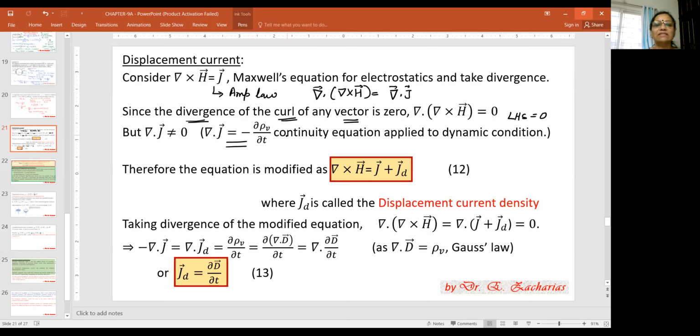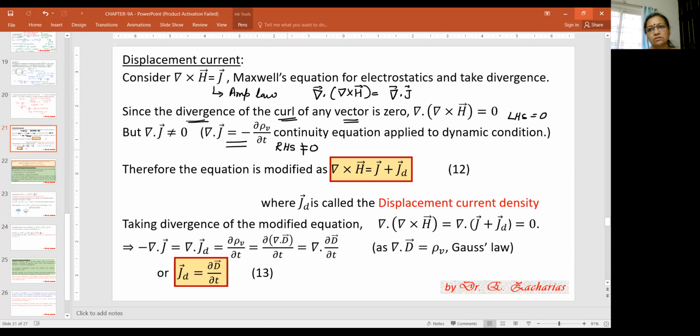We know that the continuity equation says that del dot J should be equal to minus dou rho V by dou t, where rho V is the volume charge density. If there is a dynamic situation, then there is a flow of charges and rho V is not a constant. Therefore, the right hand side of the equation is not equal to 0. The left hand side was equal to 0.